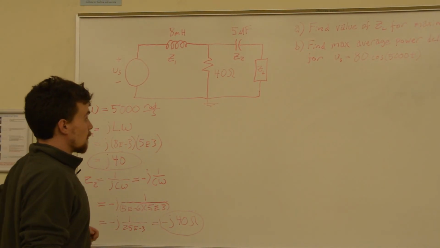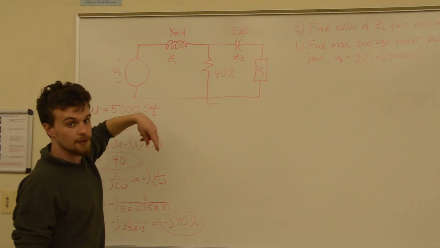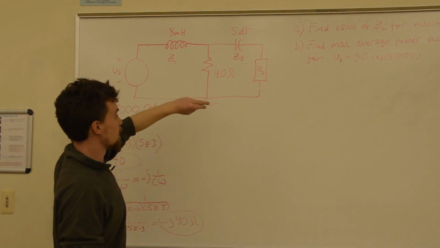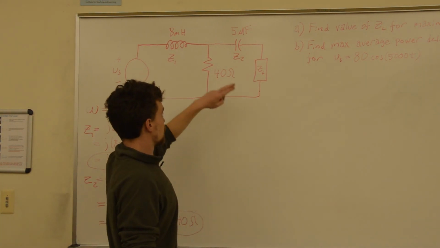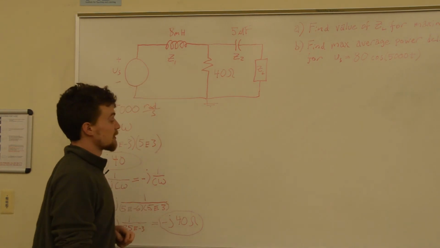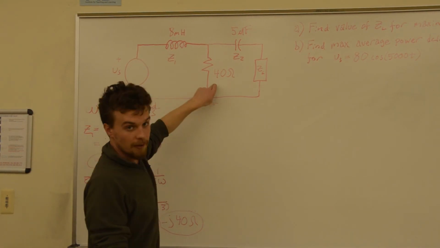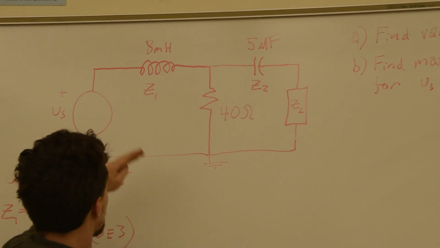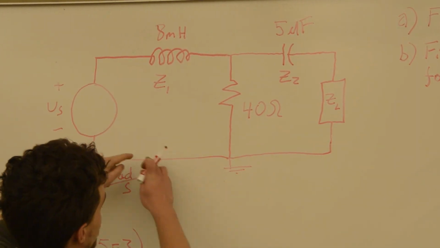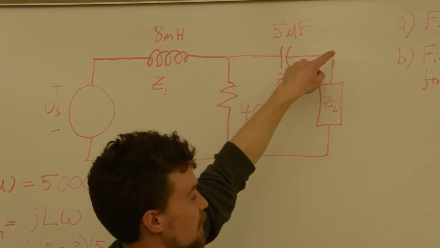Now, we can do the shortcut way. We can short our voltage source and find the equivalent impedance between these two points with the voltage source shorted. That puts this in parallel with this, and then we add this to it, because with the source shorted, these have common nodes, and this is just on top of those.